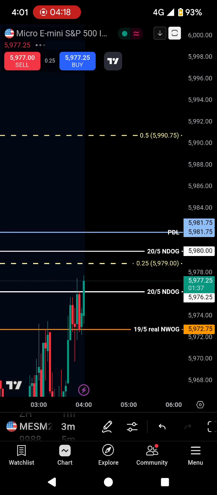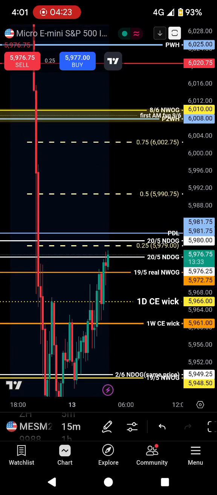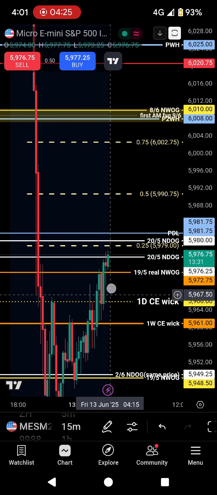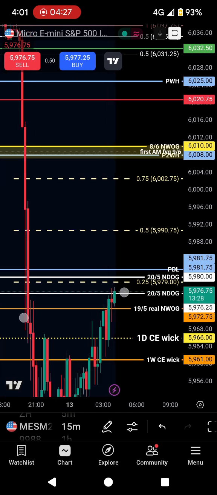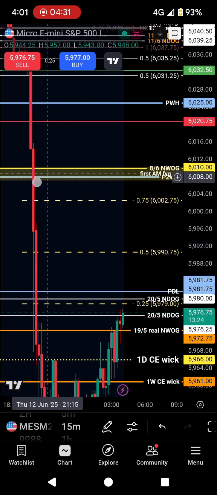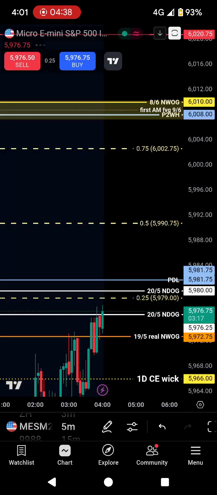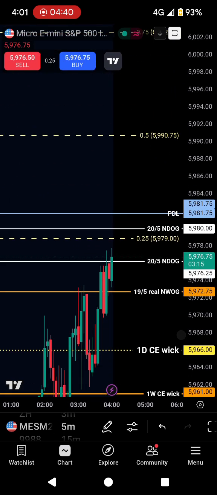Yeah, so let's see the 3-minute chart. Let's see the 15-minute chart again. So it's been going up. Yeah, up. So here is where we are seeing in the 1 hour BC, there's nothing here, but we have something up here, and the previous day low is the first draw. So yeah, we still got a lot of space, a lot of room to move.